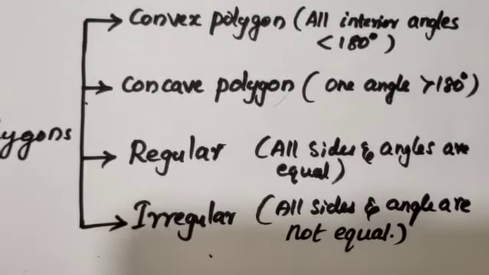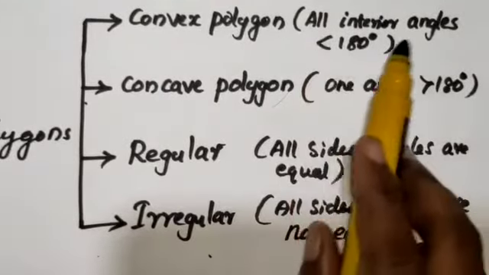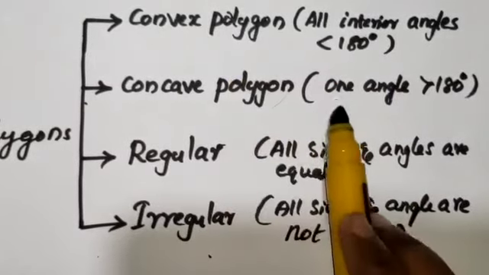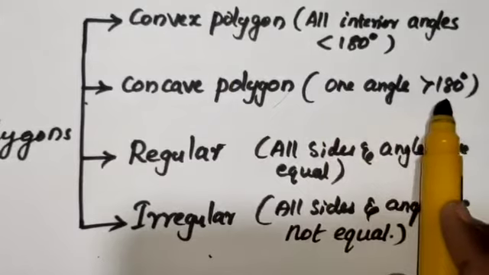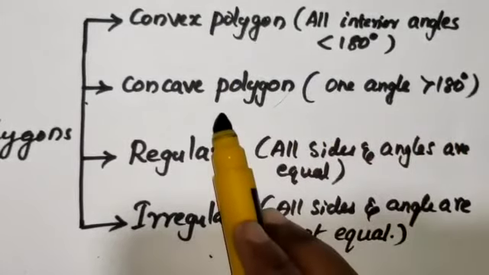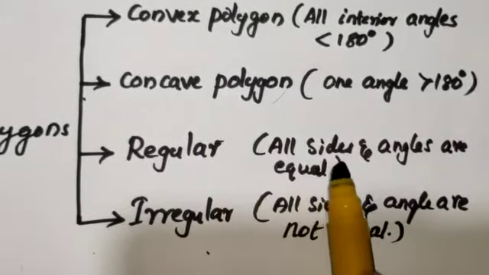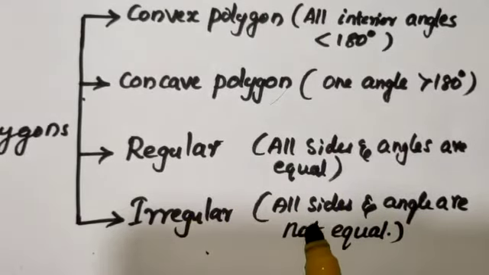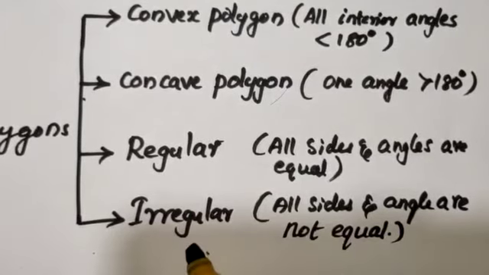Convex means all interior angles are less than 180 degrees. If one angle is greater than 180 degrees, it is a concave polygon. If all sides and angles are equal, it is a regular polygon. If all sides and angles are not equal, it is an irregular polygon.